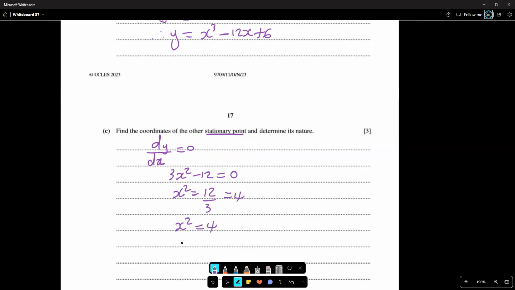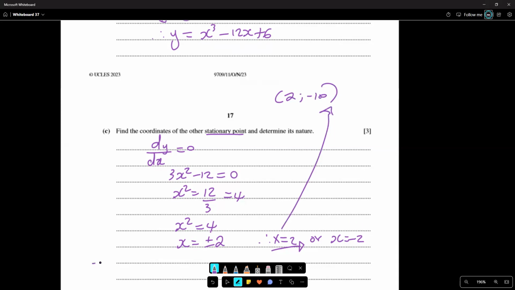And I'm sure you can see that if we were to square root there, we're going to have plus or minus the square root of 4, which gives us 2. Therefore, x equals 2 or x equals minus 2. But this one we've already been talking about above. We're given that there's a stationary point of that, right? Which is this one. So the one that we're interested in is this one.